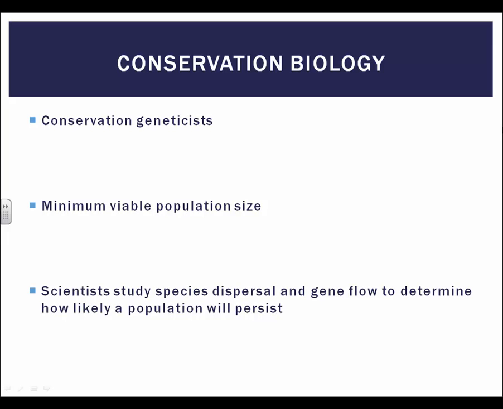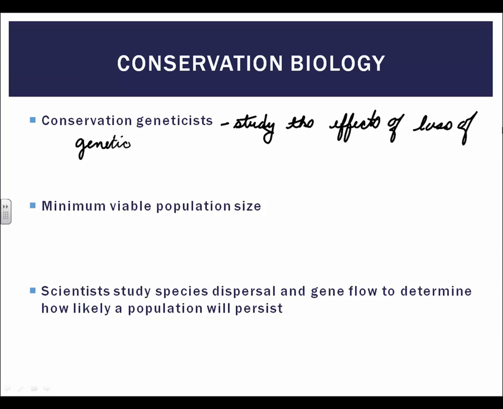So we also have this term called conservation geneticists, and they study the effects of the loss of genetic variation. The minimum viable population size is how small a population can become.